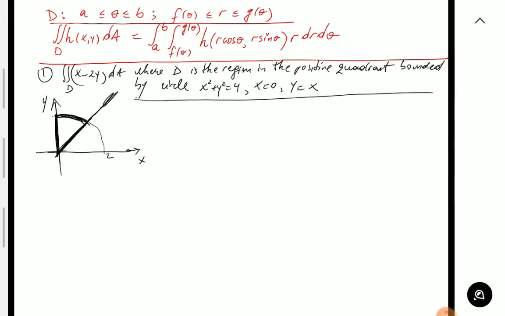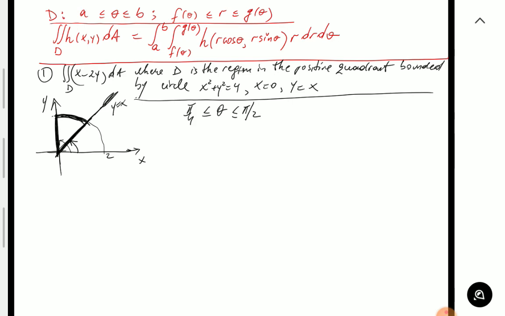Well, in polar coordinates, first of all, let's look at the bounds for theta. The lower bound for theta is 45 degrees, because this is y equals x, so that's the diagonal line. So the lower bound for theta is pi over 4, and the upper bound for theta goes all the way to 90 degrees, so that's pi over 2.